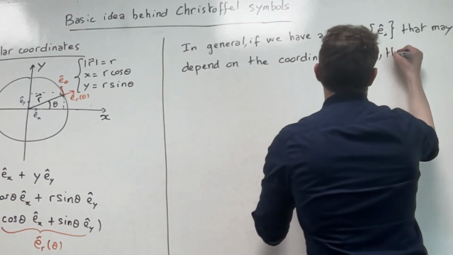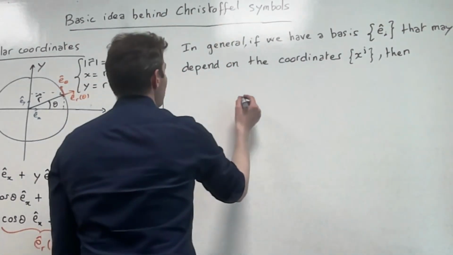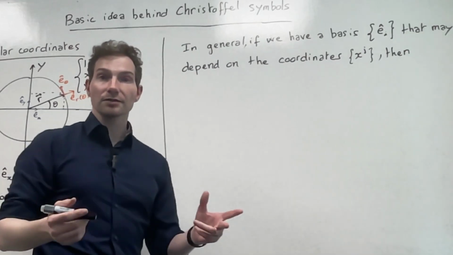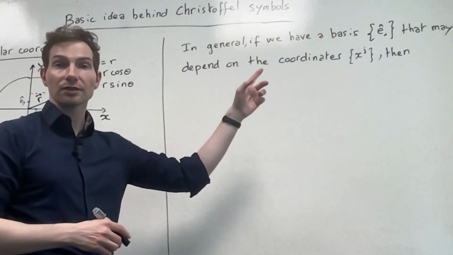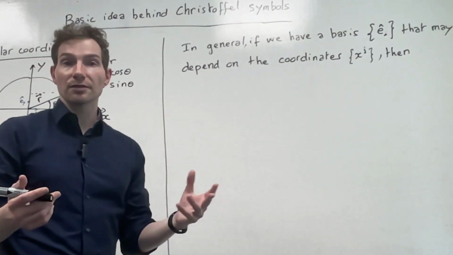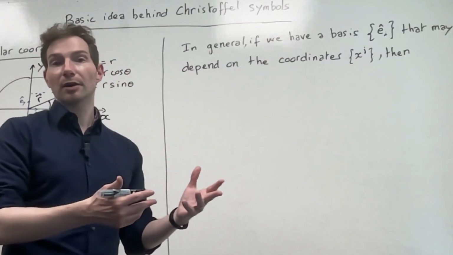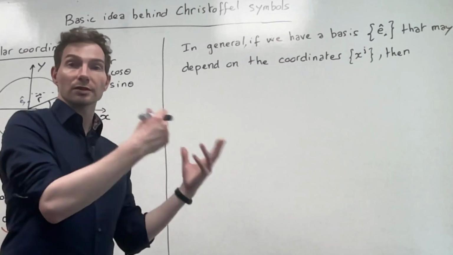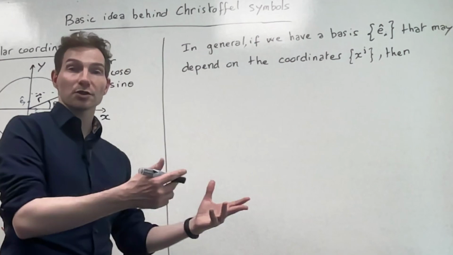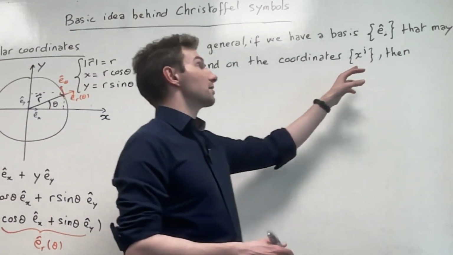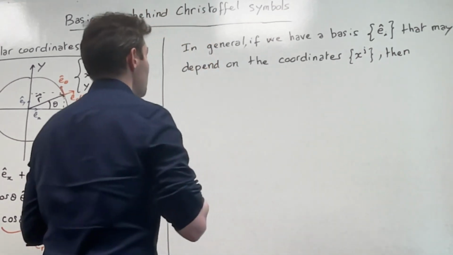Then basically this is what we're going to say. If you take a derivative of basically one of these coordinate vectors, then this derivative is going to lead you to, in principle, it's a linear map, and this linear map is going to return another vector, and this vector is going to be expressible in the local basis Ei. Okay, and so that's basically what the Christoffel symbols are about.